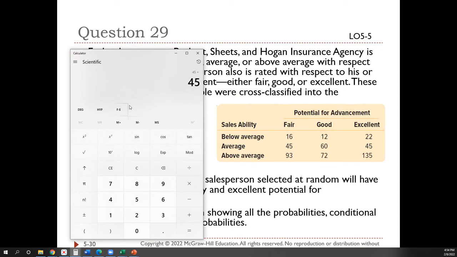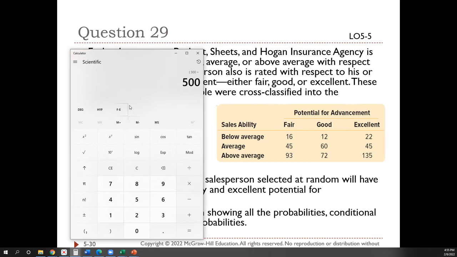So 45 plus 60 plus 45. Oh, well, I have above average. I'm thinking average all of a sudden. So 93 plus 72 plus 135 equals 300. So we're going to have to take that total, 300, divided by 500.